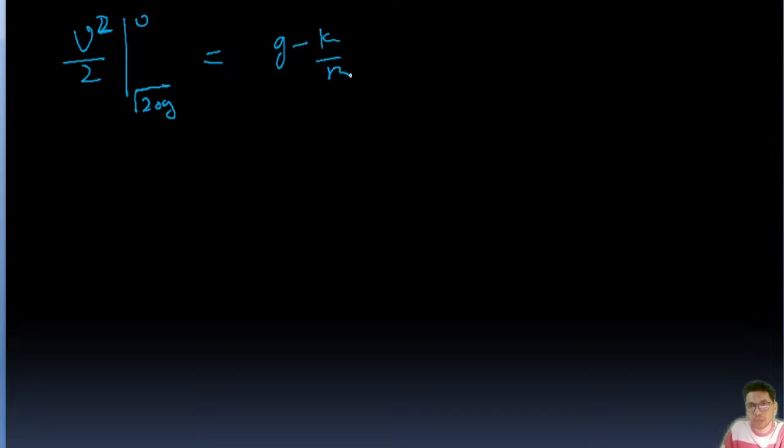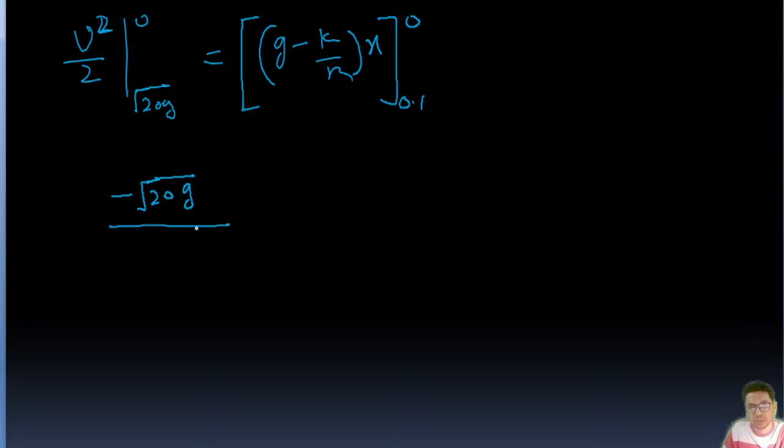It is v square by 2, integration root 20g to 0, equal to g minus k upon m, this one, times x, and the limit is 0.1 to 0. So this is going to be minus root 20g, minus root 20g upon 2, is going to be g minus k upon m, and this is going to be 0.1.